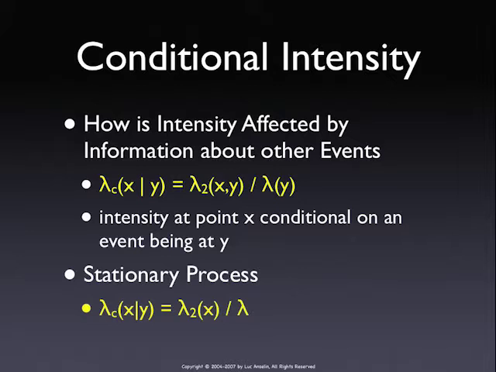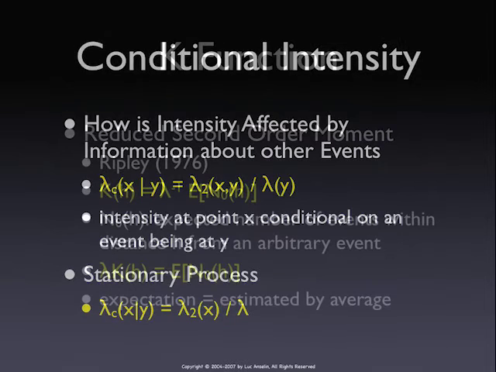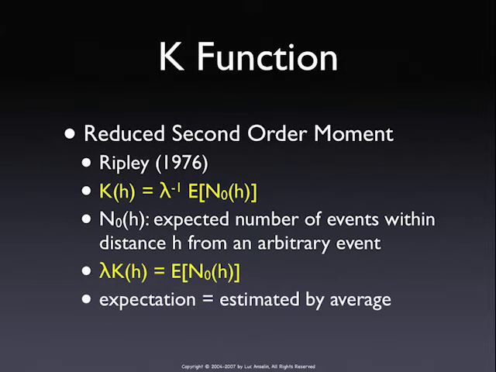Now, why is this important? And there's a lot of mathematical detail here. It's important because this gives us the connection to this K function that we still haven't talked about. Okay. So what is the K function? At first sight, you wonder how anybody ever came up with this, because it doesn't make any sense.